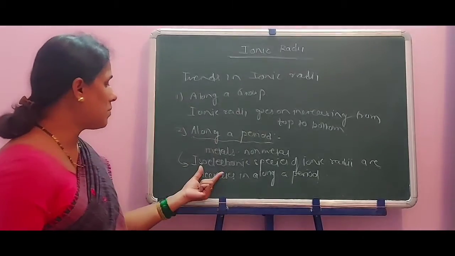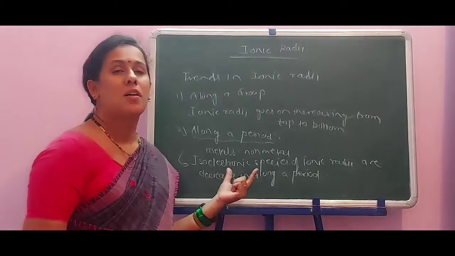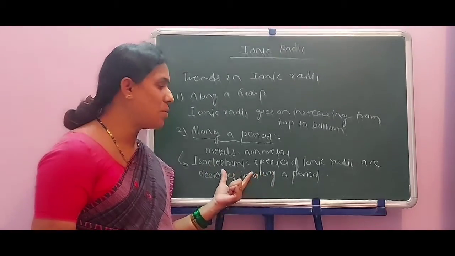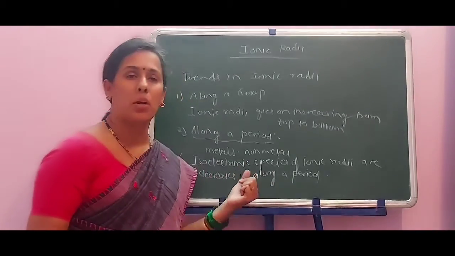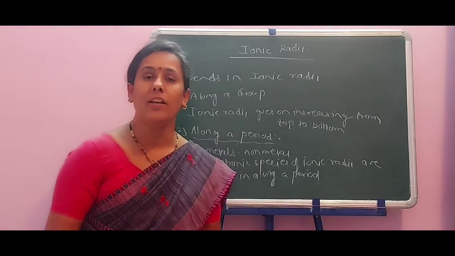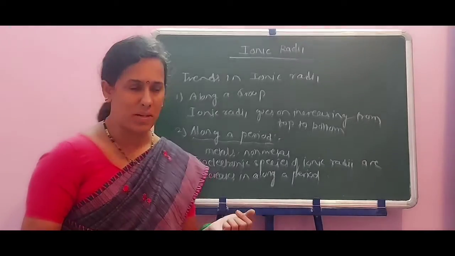Now, what is meant by isoelectronic species? The species which possess the same number of electrons, but differ in the magnitude of nuclear charge, are called isoelectronic species.